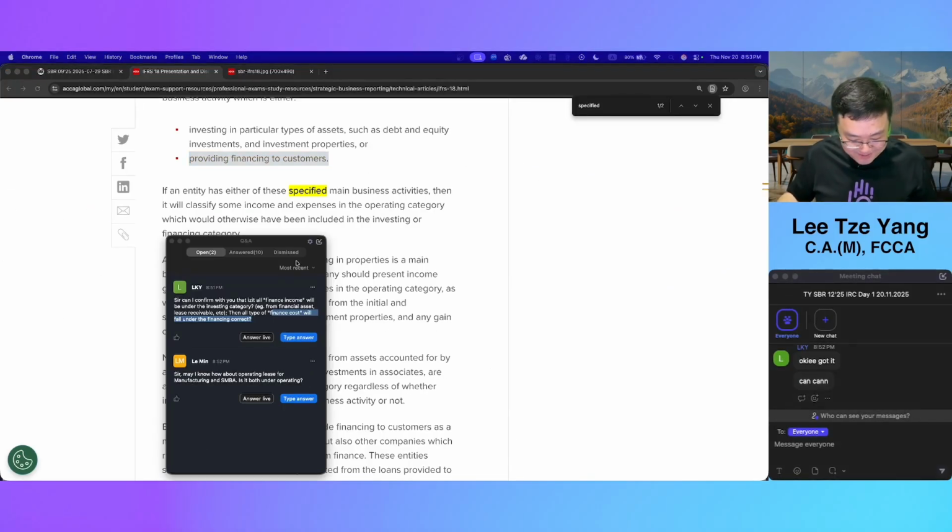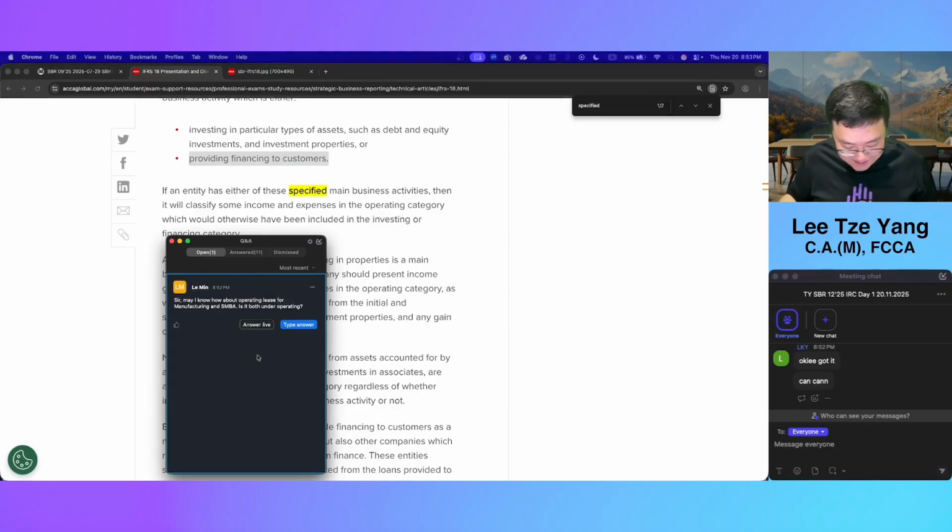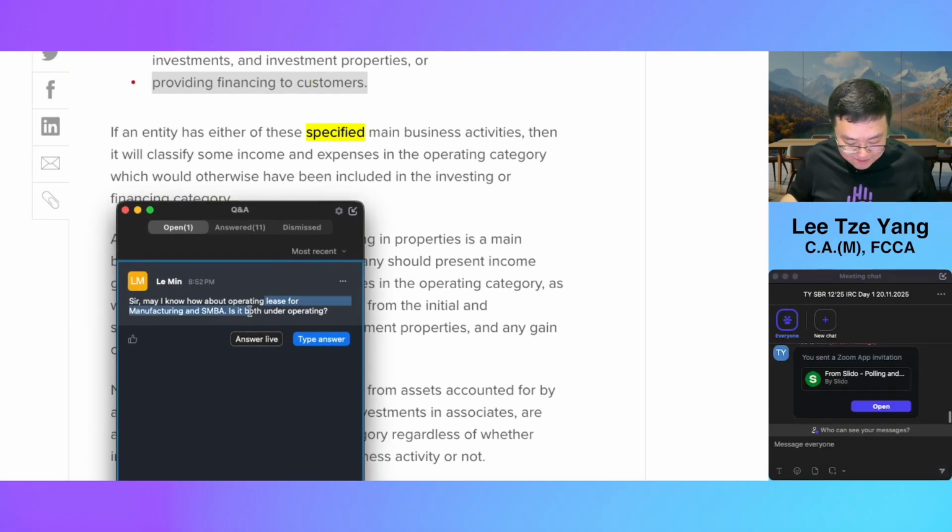So may I know, operating lease for manufacturing SMBA, is it both under operating? It depends. Operating lease, let's say if you are a lessor, you have investment property. If you are doing manufacturing, and then suddenly you have investment property, you earn operating lease income.